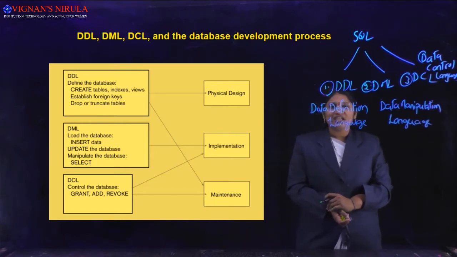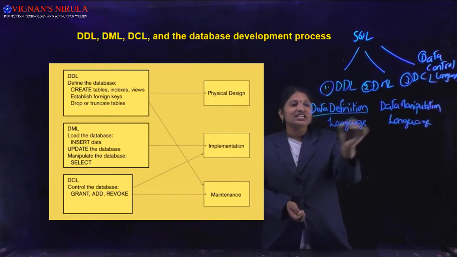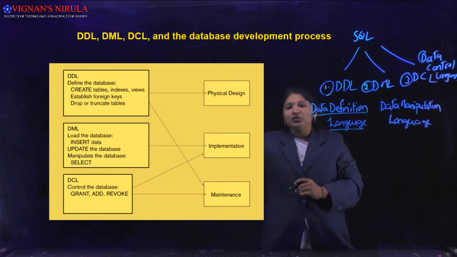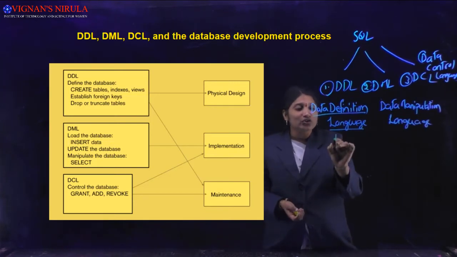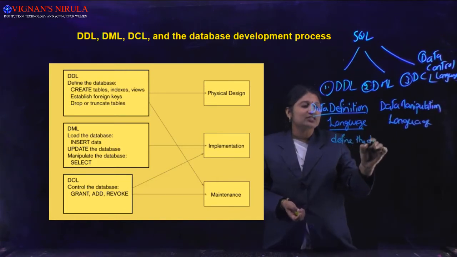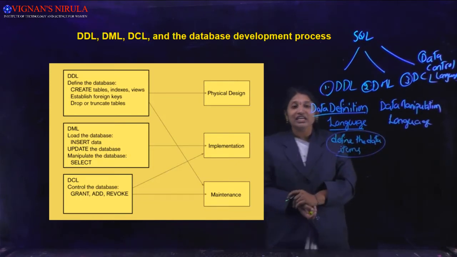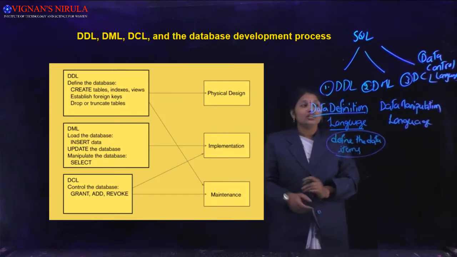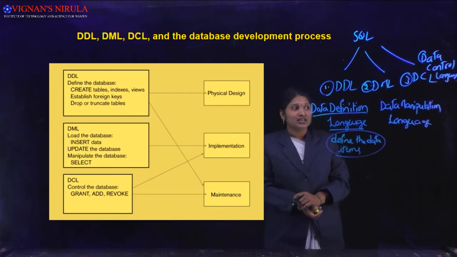As its name indicates, Data Definition Language Commands can be used in order to define the data items that are being stored to your database. So the DDL commands can be used in order to define the database itself.